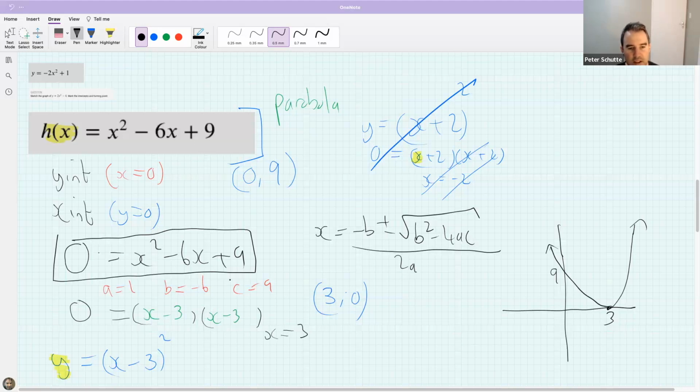And all that's happened is this graph is the same as that graph. And it's just a basic x squared graph. Let me use a different color. This is just a basic x squared graph, but it has been shifted across by 3 units. So you'll notice there's a -3 here, and with the horizontal shift, it shifts the opposite way.